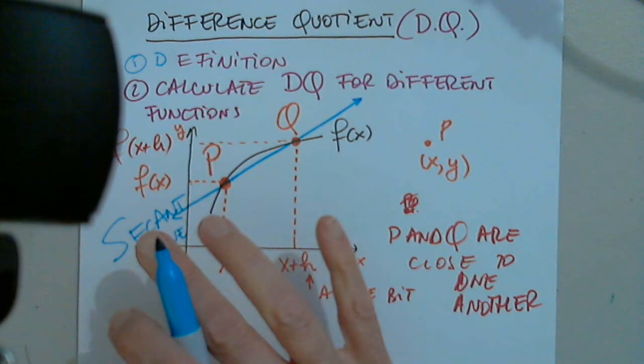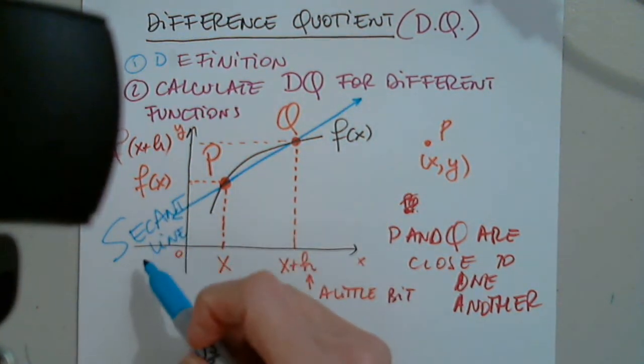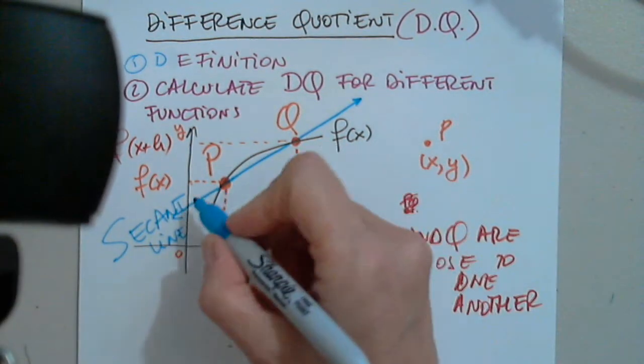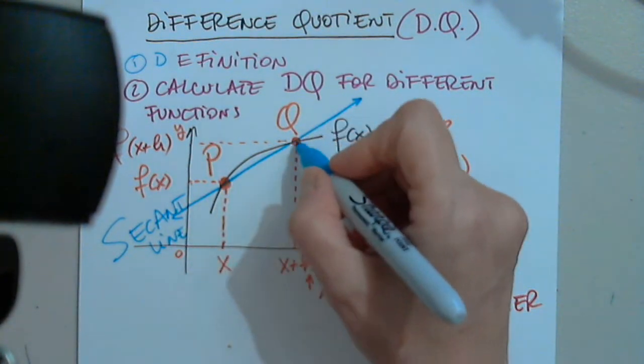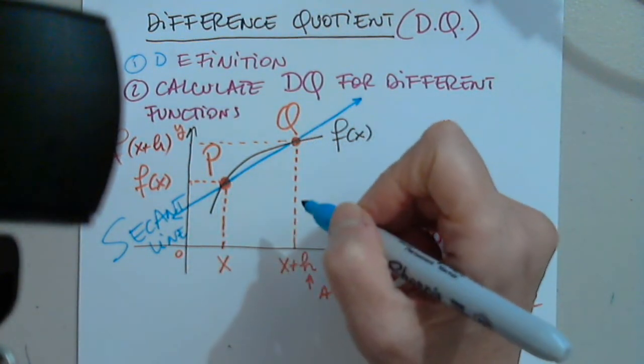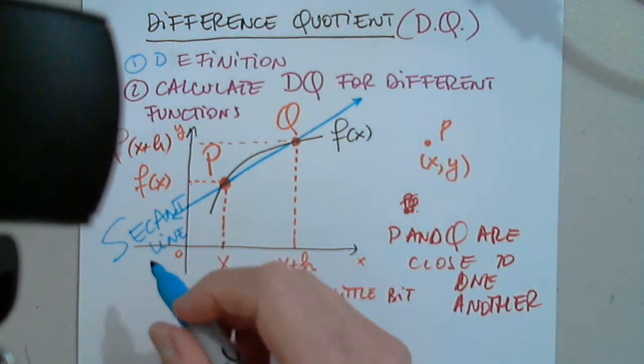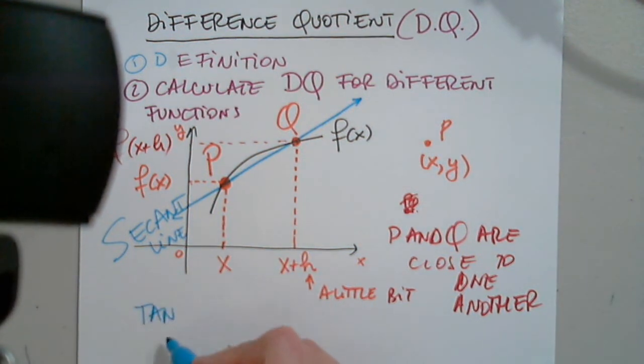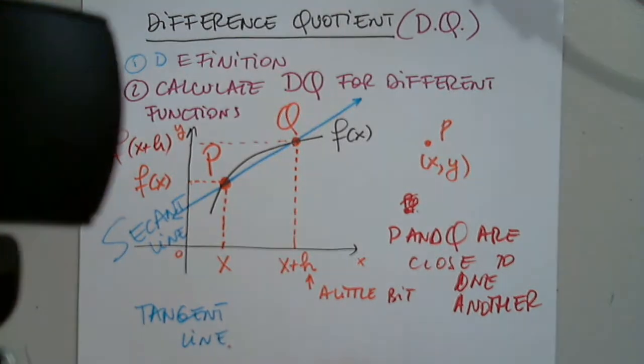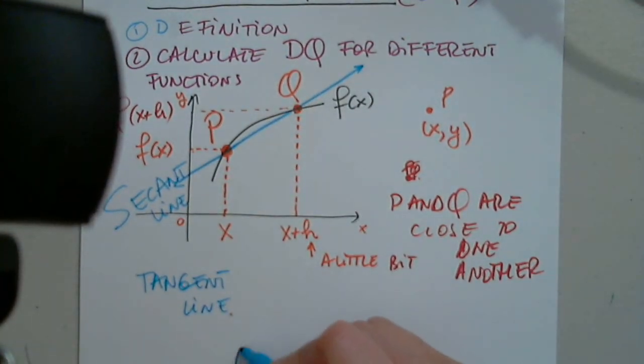Why it's called secant has nothing to do with trigonometry. We're not talking about secant x. We're talking about a line that crosses a graph in 2 points, versus a tangent line. A tangent line at P, for example, will look like this.